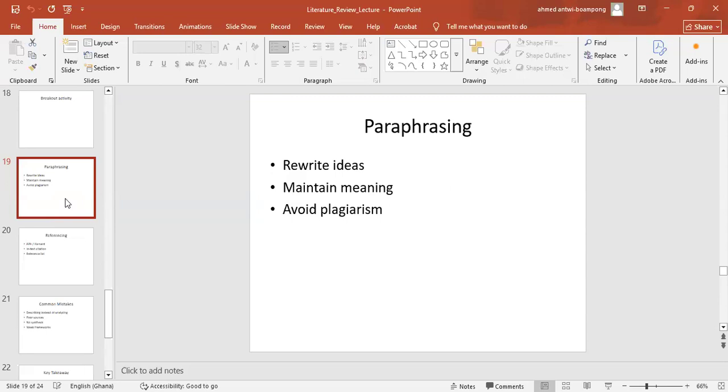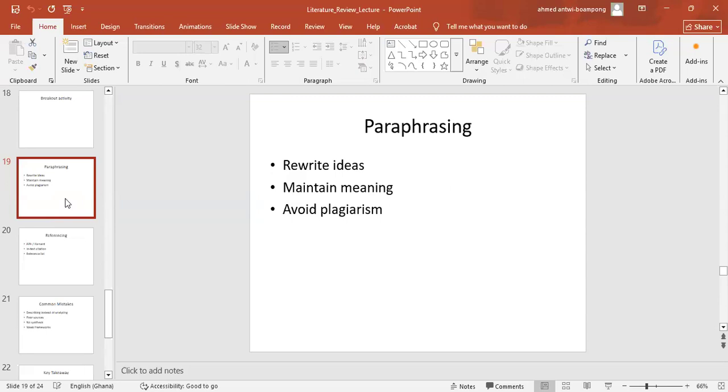And so in conducting the literature review, we are saying here that when you pick the ideas, you must rewrite them in your own language and how you understand it, maintaining the original meaning of the author, so that you avoid plagiarism.